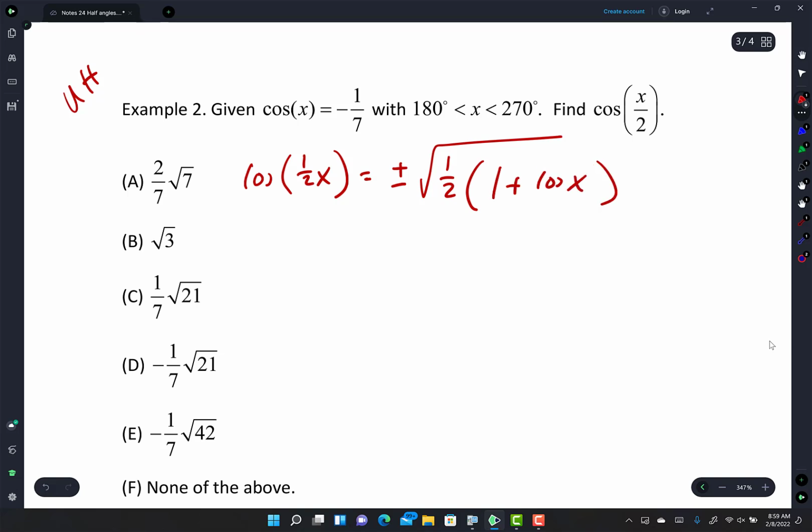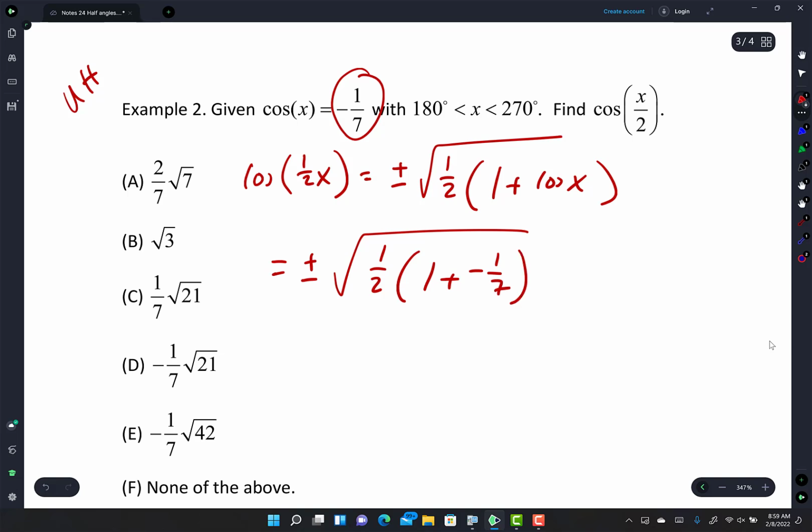Close it. You're done. You just type in your cosine x, which is negative 1/7. Turn that 1 into 7 over 7.